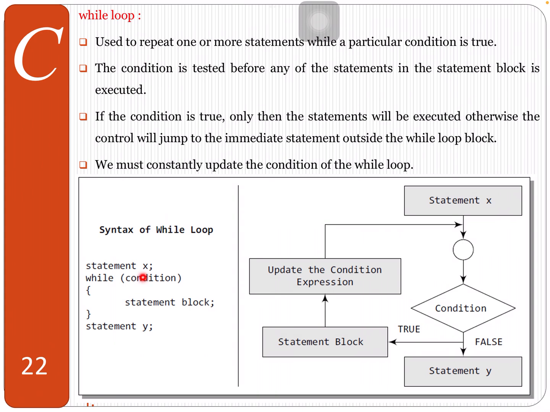This is the syntax. Here you can see a while condition is checked, and if the condition is true, it will enter this loop. In this statement block we have an updation statement, which we'll discuss with a programming example. This is the flowchart of the while loop. When the condition is true, the statement block is executed, the condition is updated, and once again it checks the condition.